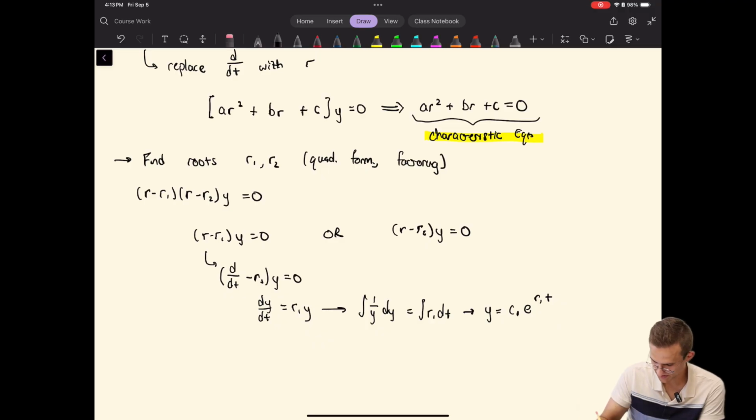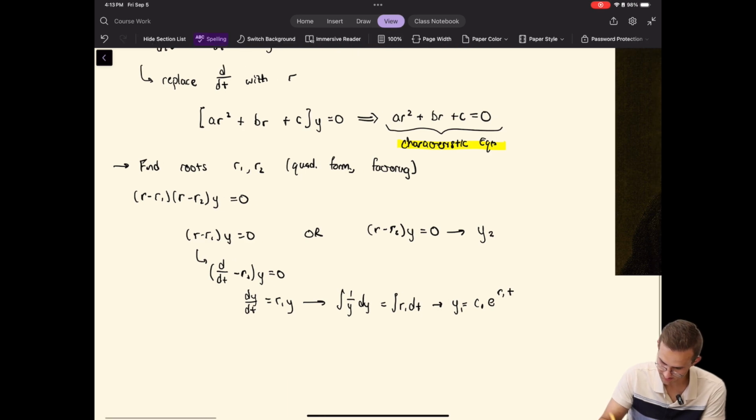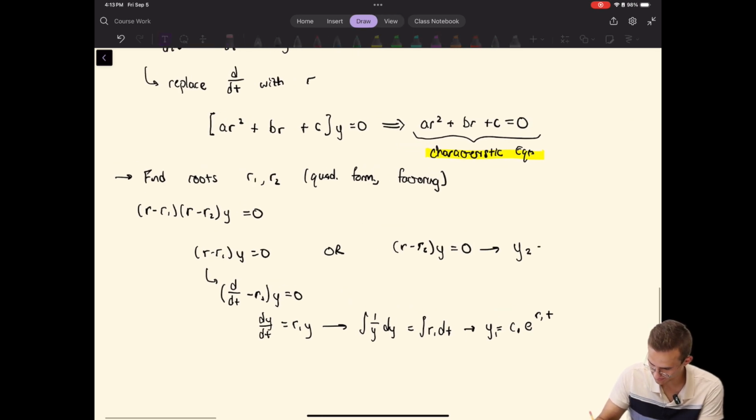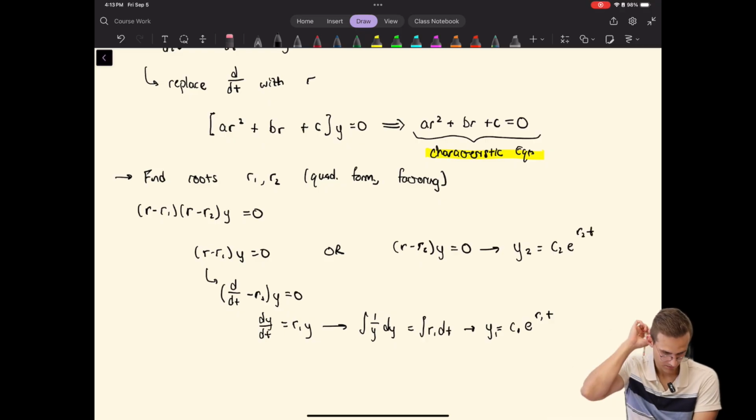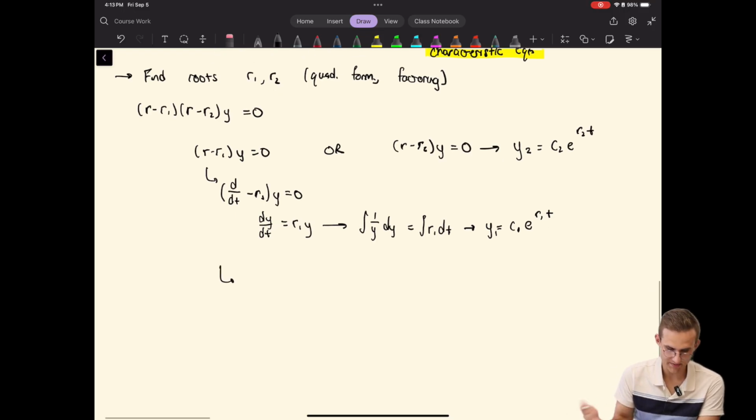We know this other equation is of the same form, so we're going to get a y2. I'm going to rename that y1 just because it's one component. So y2 is equal to c2 e to the r2 t. Since either of these satisfy the equation, any linear combination of those two forms the general solution.